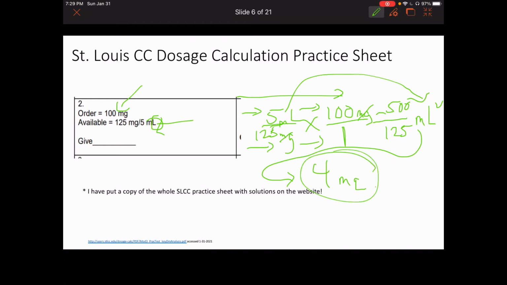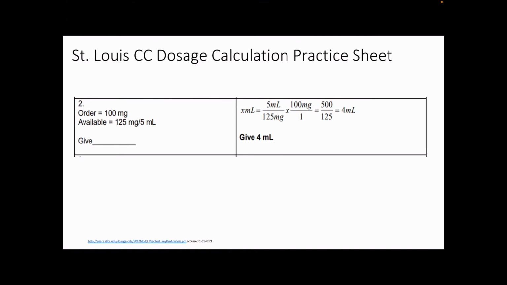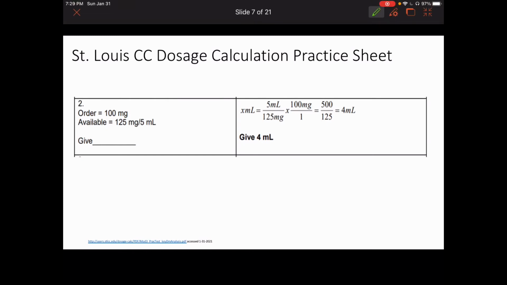And so that's how much you should get. Since this looks terrible because I wrote it, here's what it will look like on your answer sheet. It's a little bit nicer. And this X mL is just, think of X as the unknown value. That's what they're really trying to communicate there, not like a spreadsheet type or something.